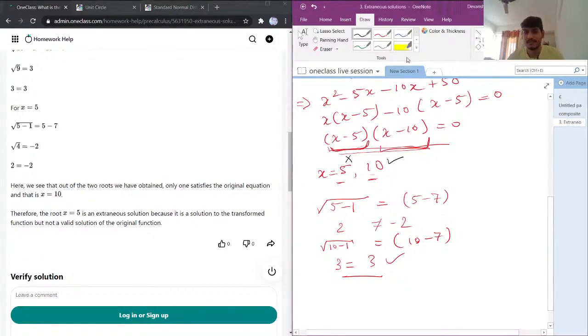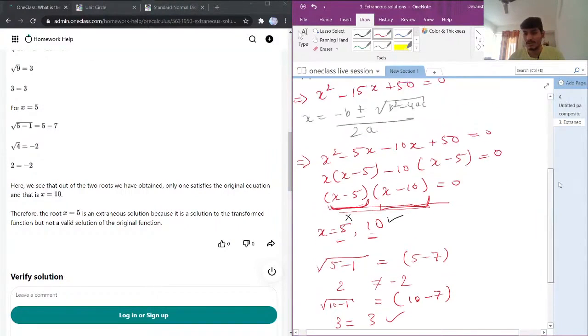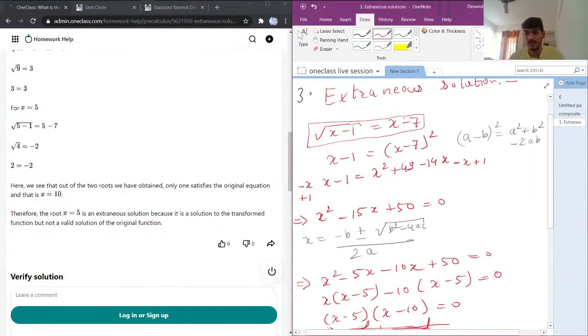Why is this happening? Because when we squared this equation, we actually changed the domain. In the original equation there is a domain of x, and the equation is satisfied only for a set of values of x. Squaring changed it into a different equation.